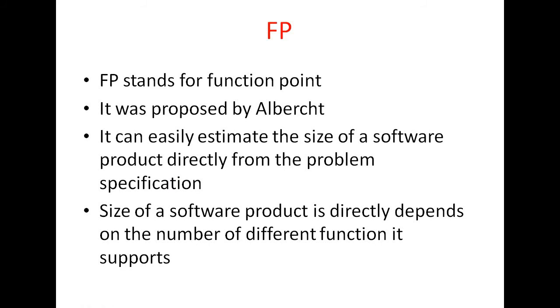Size of a software product directly depends on the number of different functions it supports, which I have already told you. So what is the main difference between LOC and FP? LOC stands for lines of code, FP stands for function point.